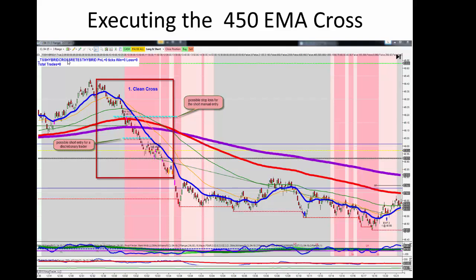But let me talk a little about the manual entry, the discretionary entry, because it's a good option to talk about one of our preferred setups for this kind of 450 moving average breakdown. This is what we are doing right now, breaking down through this 450 in violet color.